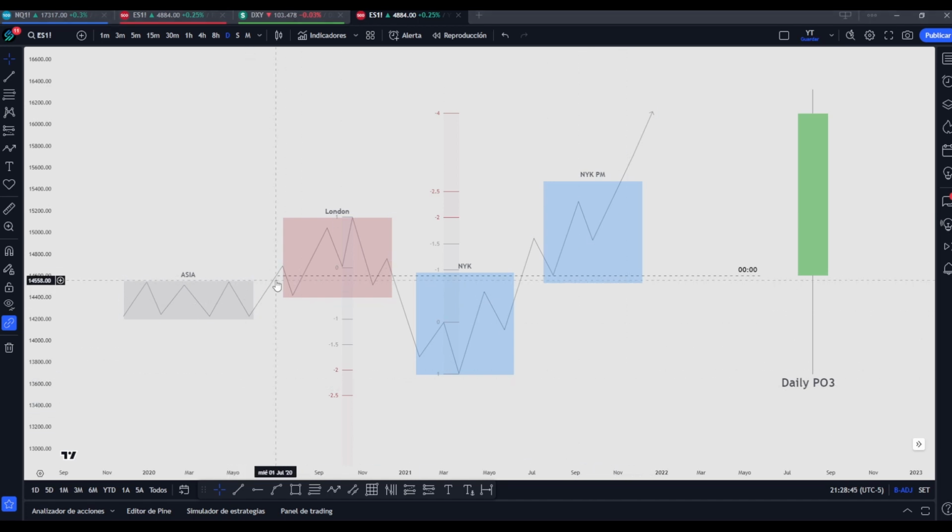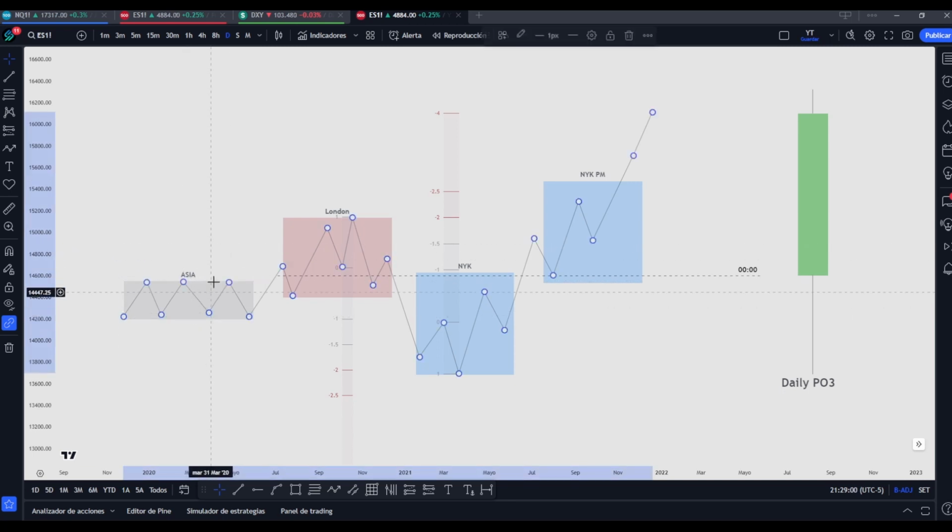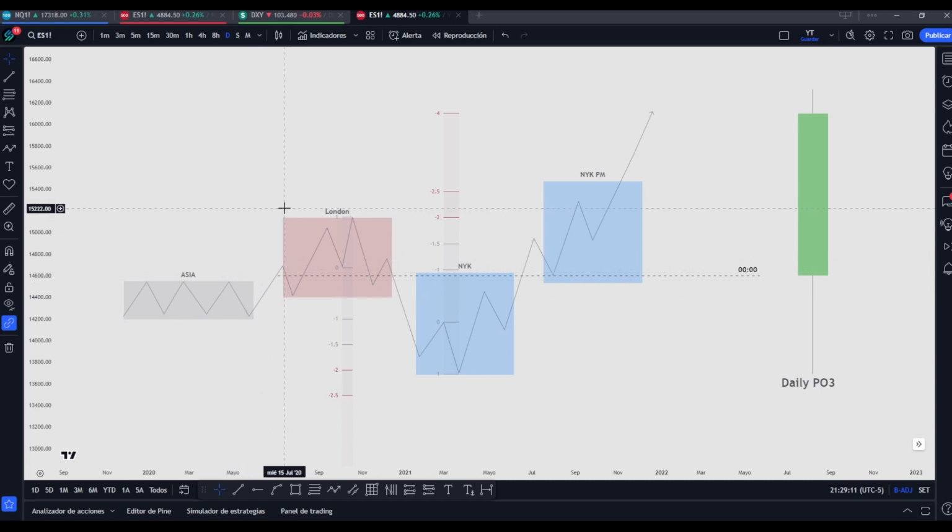Let's see it now on a daily power of 3, with each session's function in power of 3 terms. So we have Asia, known to be the accumulation of the day, where there might be some sloppy movements. Then we have some dead spot till London Open.